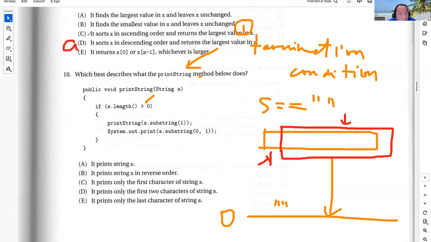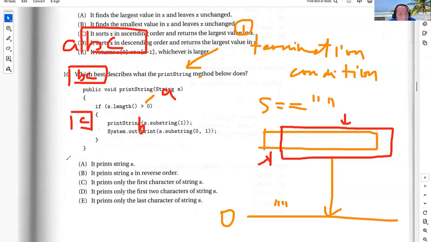Let's assume you have A, B, C. You should print B, C first, and then you print the A later. So this one you print C first, and then you print B, and then you print A. You actually print nothing, and then you print your C. So this one, in fact, will be in reverse order.